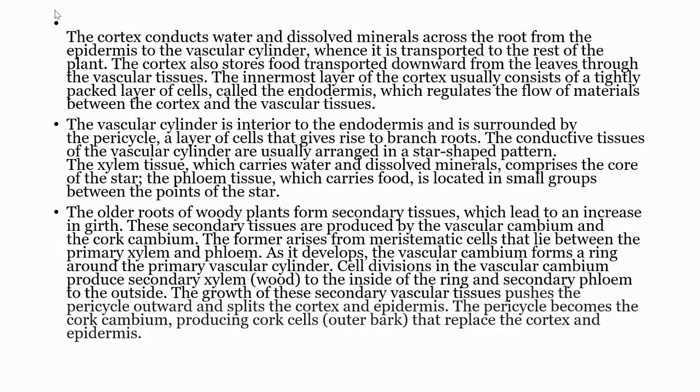Cell division in the vascular cambium produces secondary xylem to the inside of the ring and secondary phloem to the outside. The growth of these secondary vascular tissues pushes the pericycle outward and splits the cortex and epidermis. The pericycle becomes the cork cambium, producing cork cells that replace the cortex and epidermis.